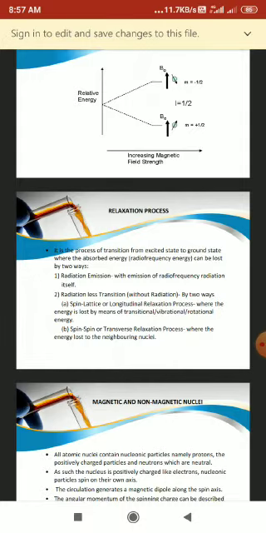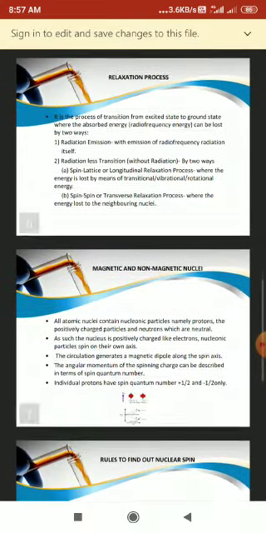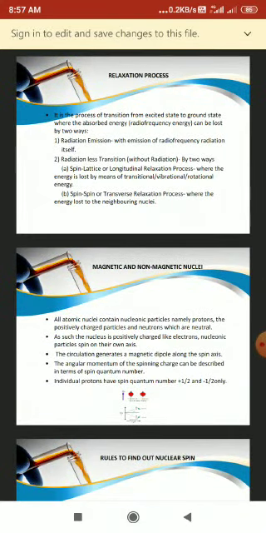So now we have seen magnetic and non-magnetic nuclei. All atomic nuclei contain nucleonic particles, namely protons, the positively charged particles, and neutrons, which are neutral. As such, the nucleus is positively charged. Like electrons, nucleonic particles spin on their own axis. The circulation generates a magnetic dipole along the spin axis.